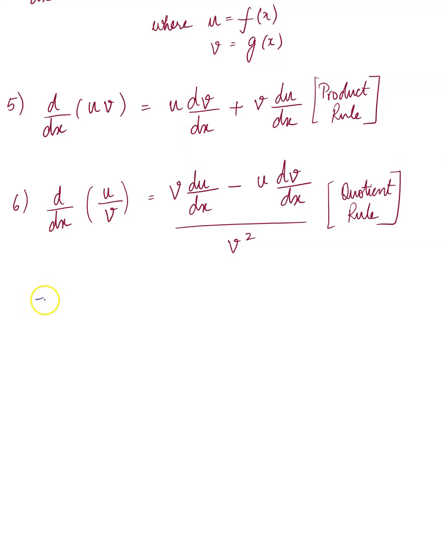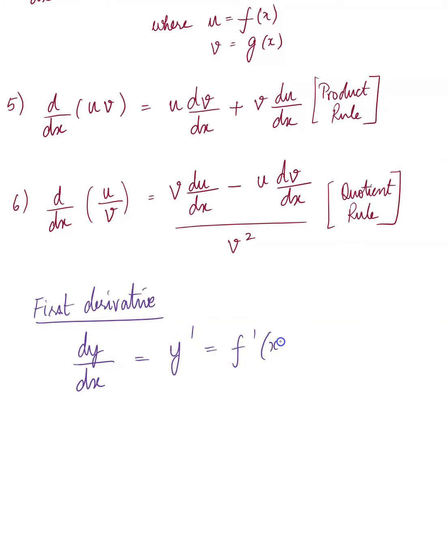A quick recall on how we write the derivatives. If it was the first derivative, the first time you derive it, we use these notations more regularly, dy over dx, or y prime, or f prime of x.